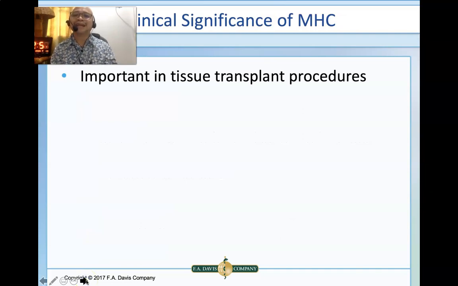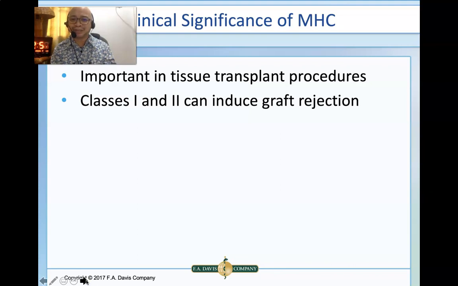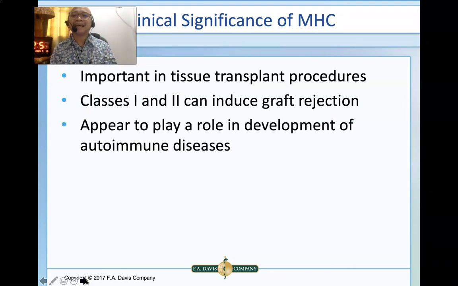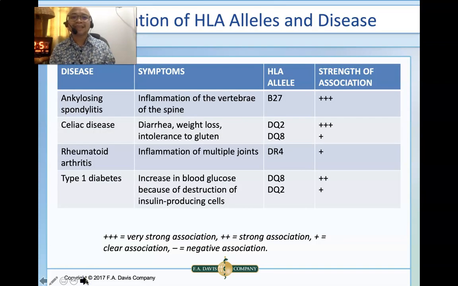Okay, so again, I've been telling you that clinically, MHC is important in tissue transplant procedure because both of them can induce graft rejection, and they also play a role in the development of autoimmune disease. As you can see here, these are examples of autoimmune diseases. So there are various examples.